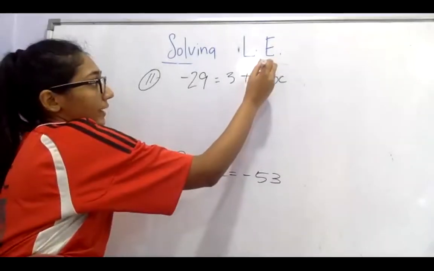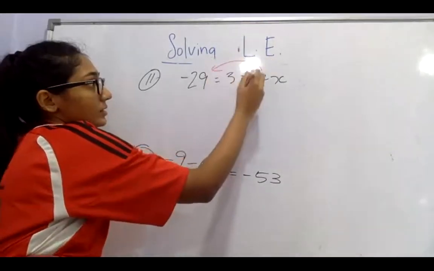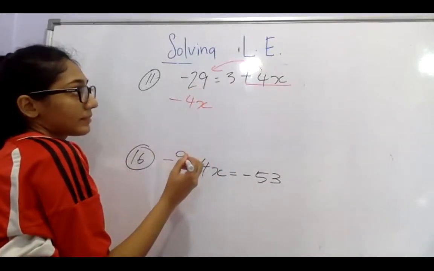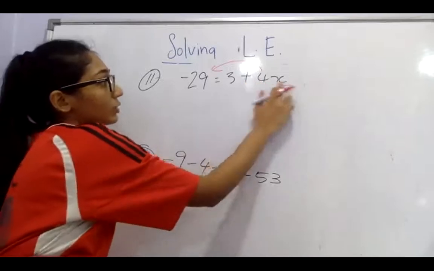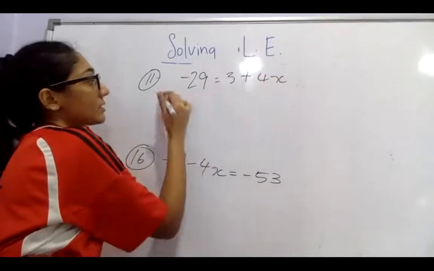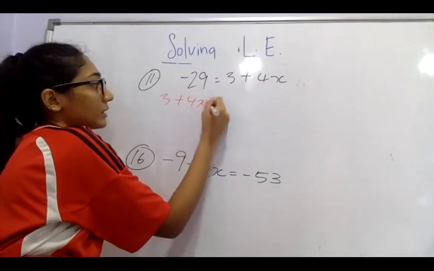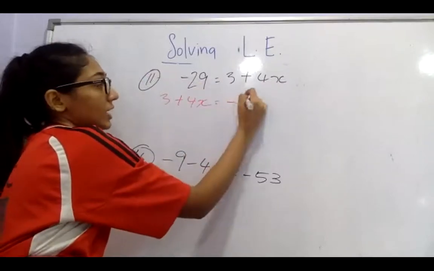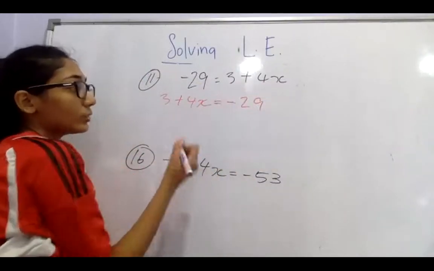If I bring the 4x here, because this is positive 4x, if I bring here will be negative 4x. Oh, I ask you all to switch so you all don't get confused. The side that has the x must always be on the left side. Then we can do without confusion.